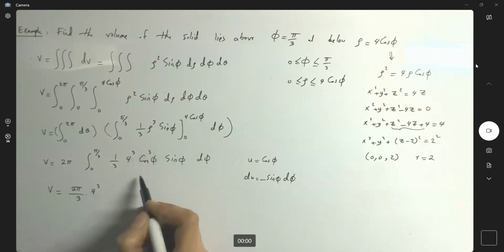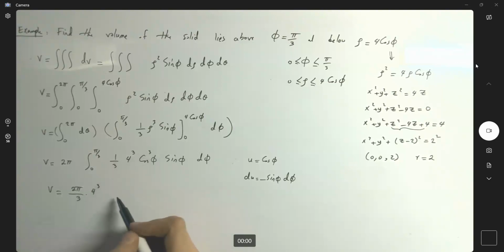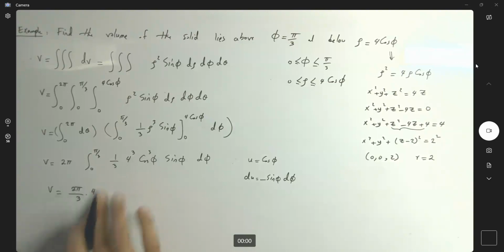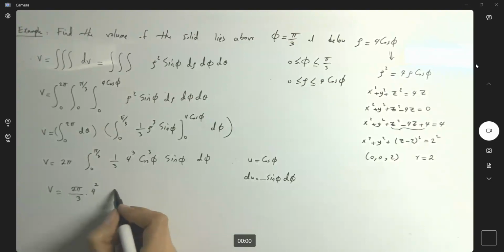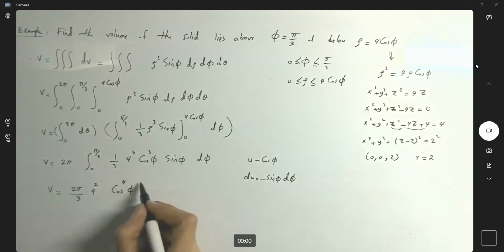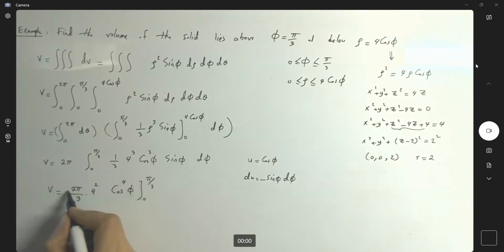Remember that here I have cosine to the fourth, so I can borrow one of these 4s here, and I get 4 to the second power, and here I have cosine to the fourth of phi, from 0 to pi over 3, and I need a negative sign as well.